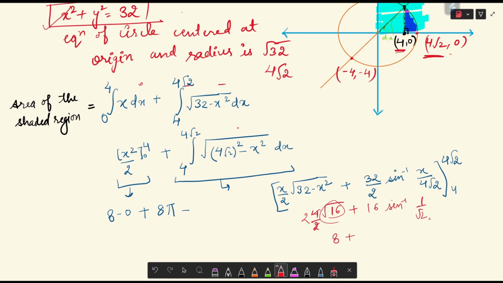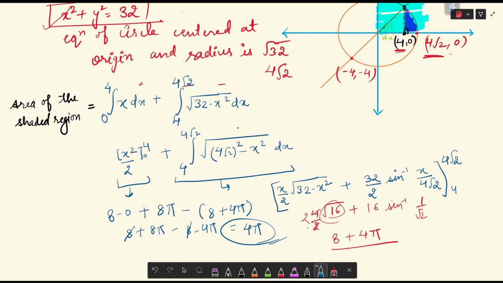So 1 by root 2 is of 45, so pi by 4, so it will be 4 pi, right? And it will be in negative sign, so we will write here 8 plus 4 pi, so it will be 8 plus 8 pi minus 8 minus 4 pi. What we'll get is 4 pi. So our answer is 4 pi.